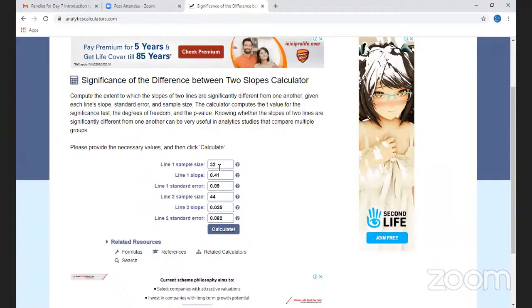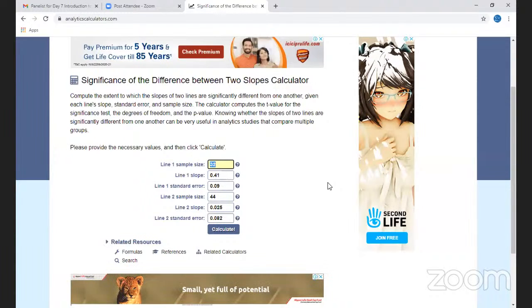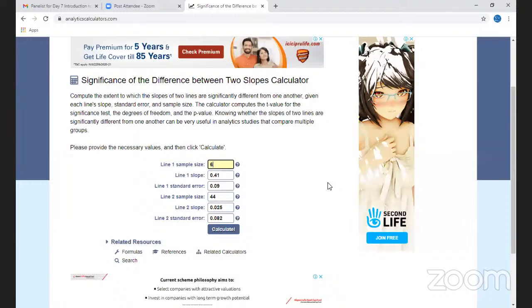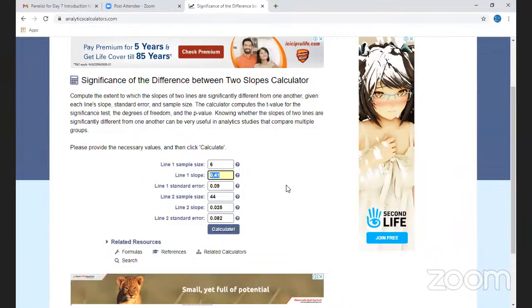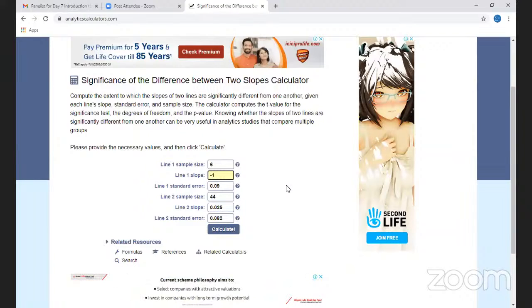So there are six values. What is our sample size? Our sample size is 6, so I am writing 6 here. And the slope, what was the slope? The slope is minus 1.54, and the standard error is 0.449.